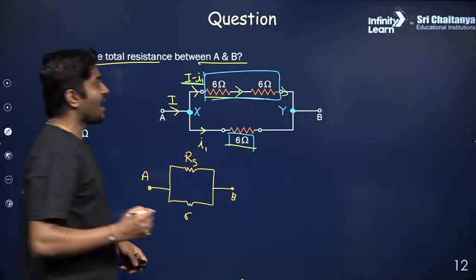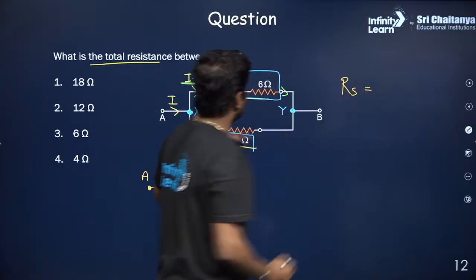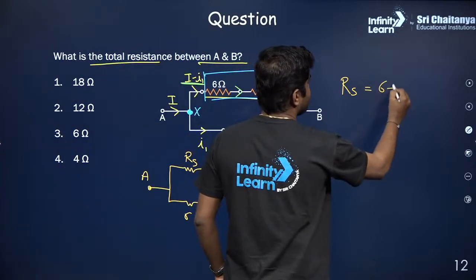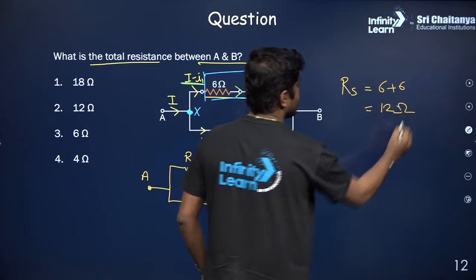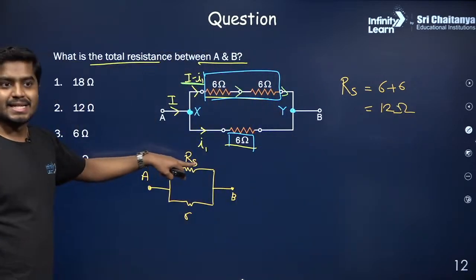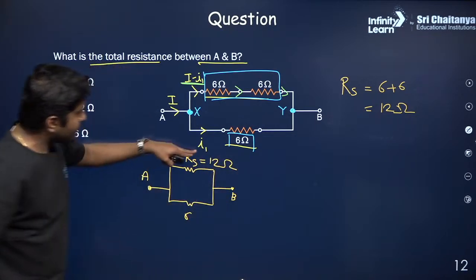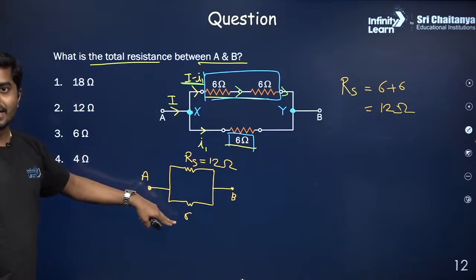How will you calculate RS? RS will be equal to 6 plus 6, which is equal to 12 ohms. So R series is 12 ohms. Now this 12 and 6, they are easily in parallel, correct?